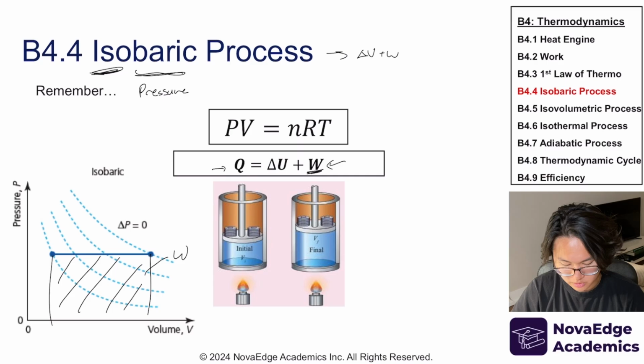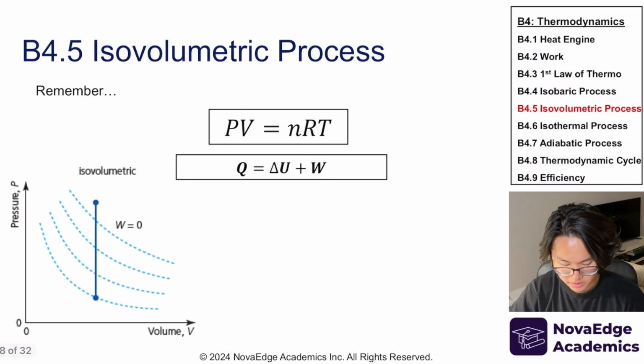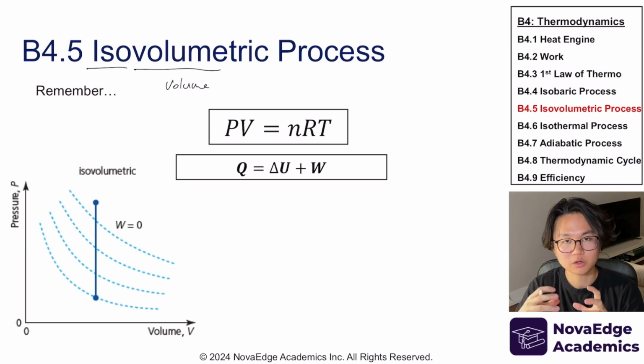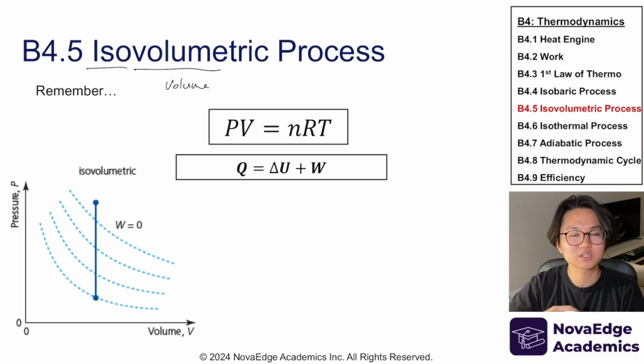So why am I talking about this? Because other processes might only affect one factor while leaving the other at 0. And so I'm going to talk about that next. The isovolumetric process. Again, iso means equal, volumetric is volume. So we're keeping the volume constant. Maybe I lock the piston so it doesn't move. Well, it can't expand or contract.